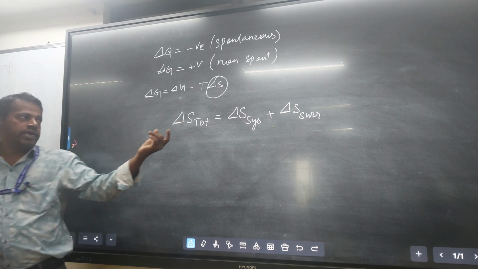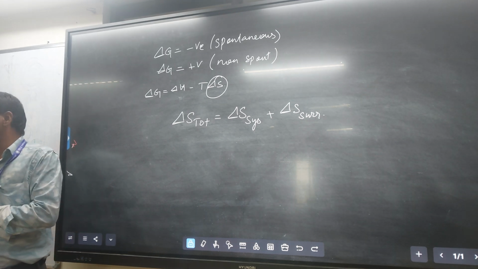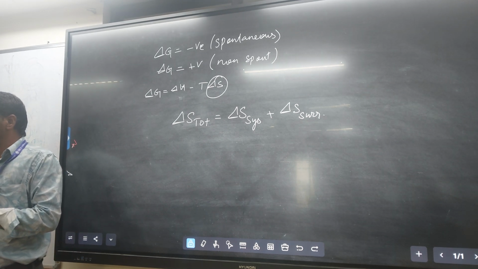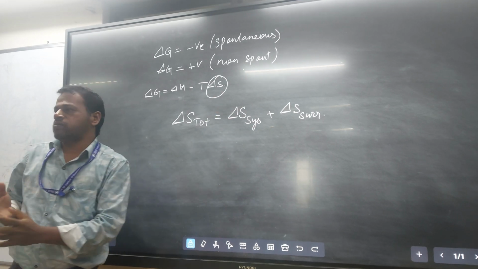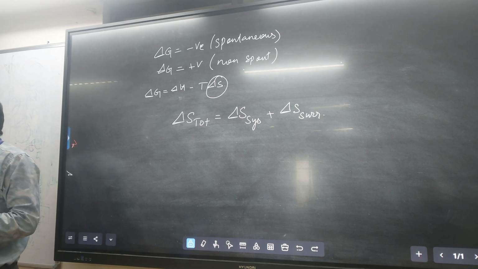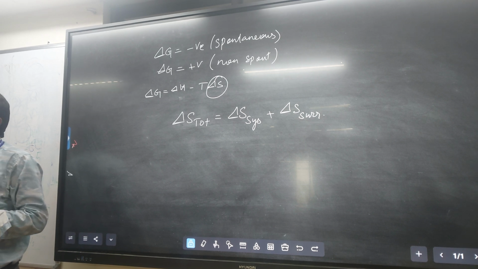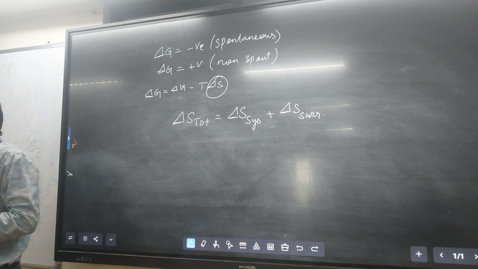Delta S depends on the system entropy and the surrounding entropy. It is very easy to find the entropy of the system because that is in our control, but the entropy of the surrounding is very difficult to find because the influence is more, not only one factor.